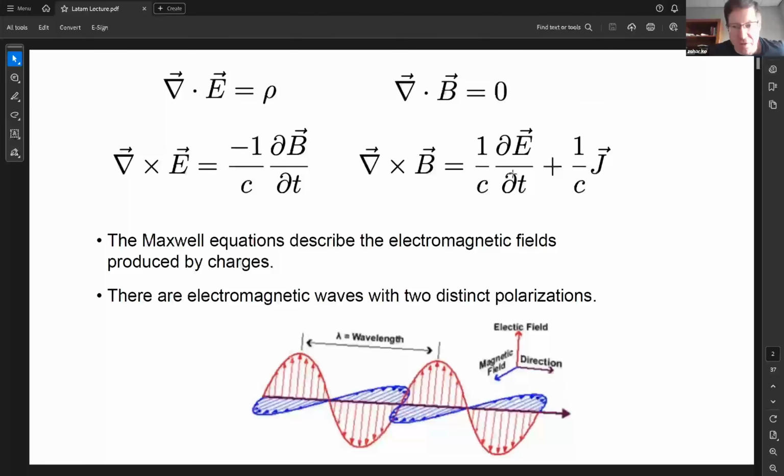So, of course, I'll just start by reminding you that for the Maxwell equations, which describe the propagation of electric and magnetic fields in space-time, one of the main features is that there are solutions in free space, even in space where no density or current is present.